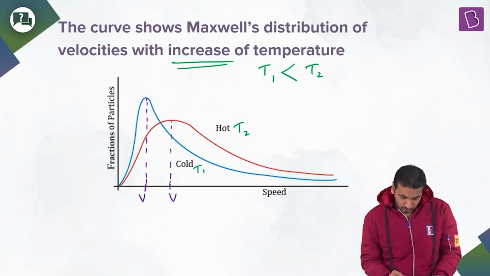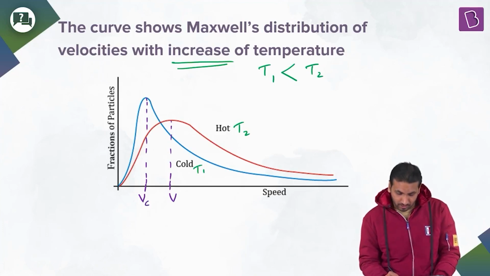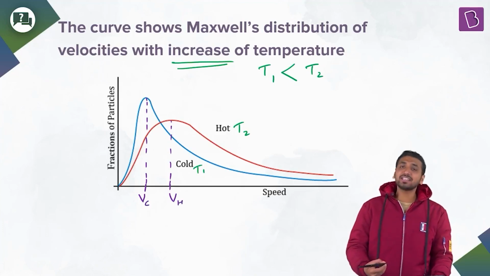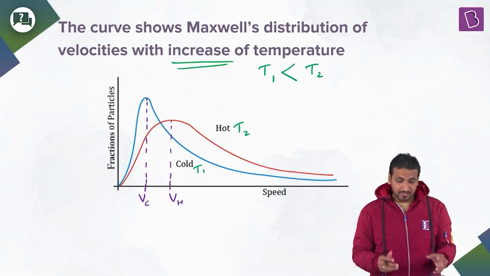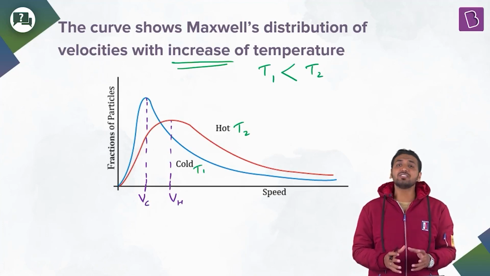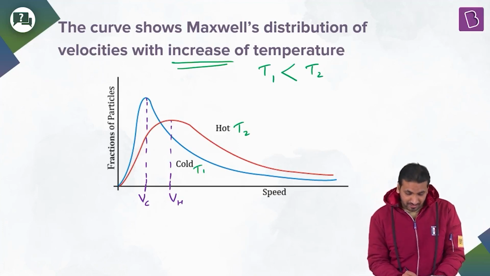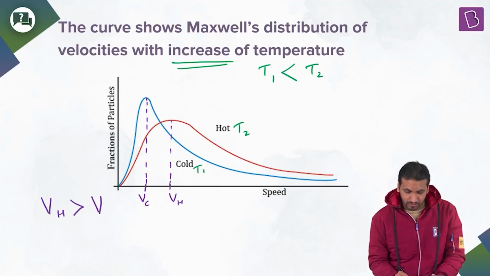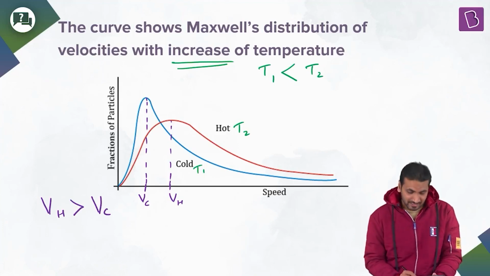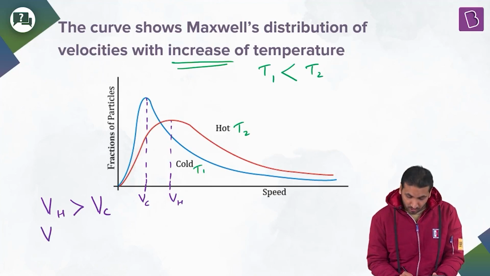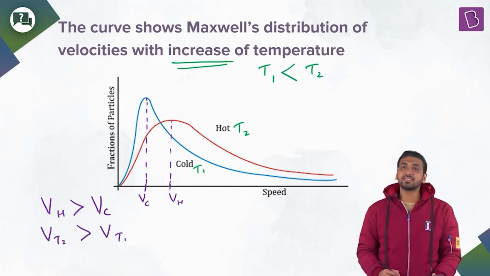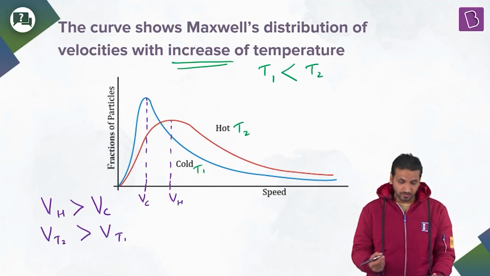The blue one I'll call V cold, and for the red one I'll call it V hot. On the graph, I have shown you the value of the most probable velocity. Now it is clearly visible that V hot is higher as compared to V cold, or we can say that V at T2 is higher than V at T1. Make sense? The cold is T1, the hot is T2.